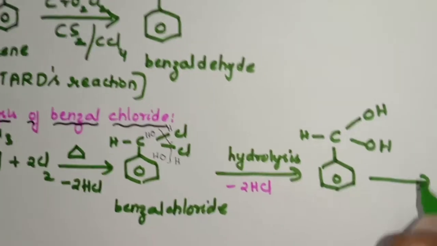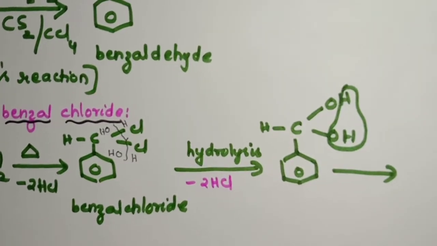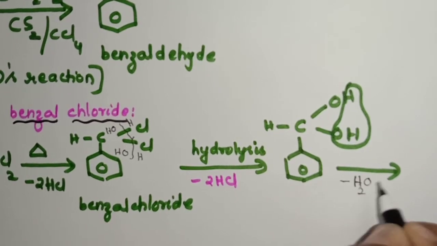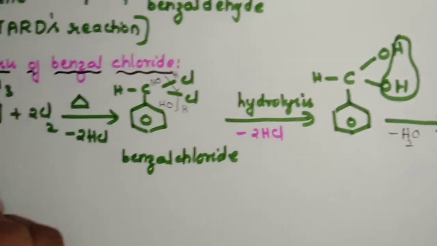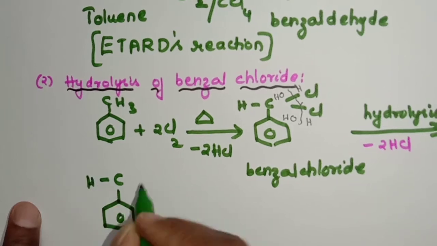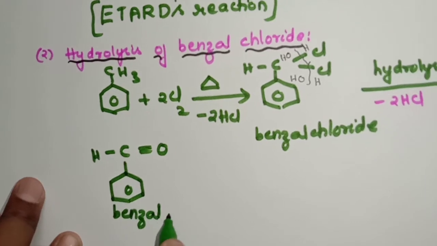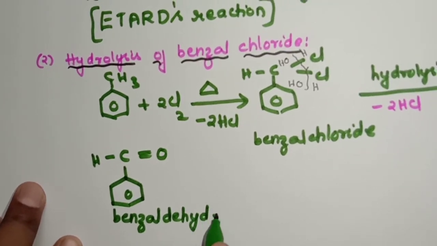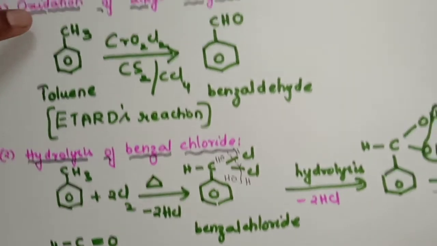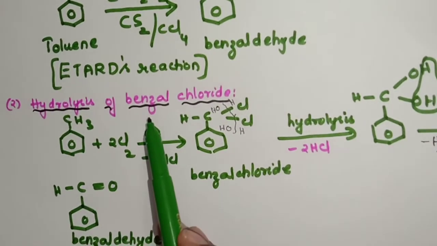You all know that two OH groups on a single carbon is unstable. So an H2O molecule comes out, resulting in the formation of C6H5CH double bond O, which is called benzaldehyde. So these are the two methods for the preparation of aromatic aldehydes. First one is oxidation of alkyl benzenes. Second one is hydrolysis of benzyl chloride.